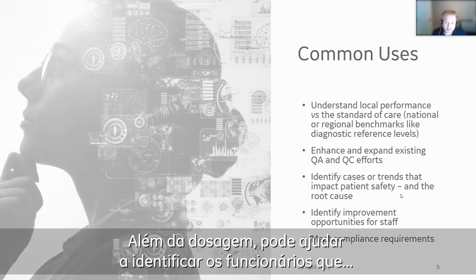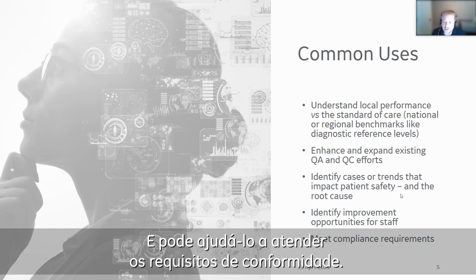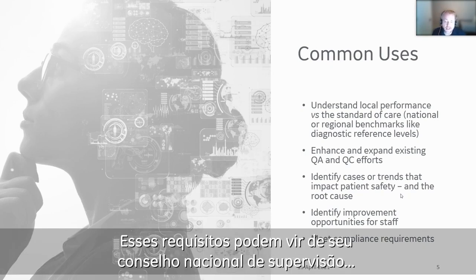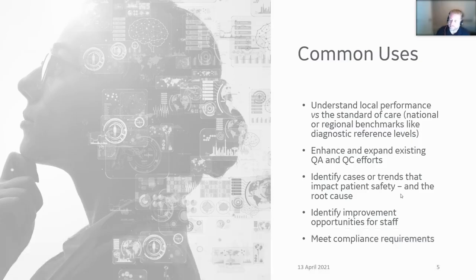Beyond dose, it can help you identify staff who may need additional education and training, and it can help you meet compliance requirements. These requirements may come from your national oversight board, or from an accreditation organization like Joint Commission International.